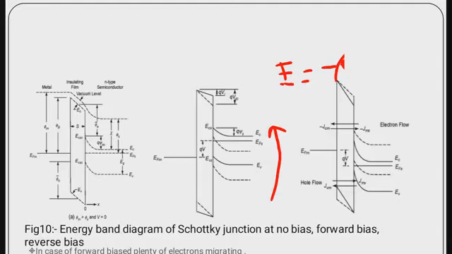As the level goes up, electrons easily pour from this level to the metal side, and these electrons or carriers are basically called hot carriers, and this process is called thermionic emission, by which the electrons pour from this side to this side and we get current. This is called thermionic emission.